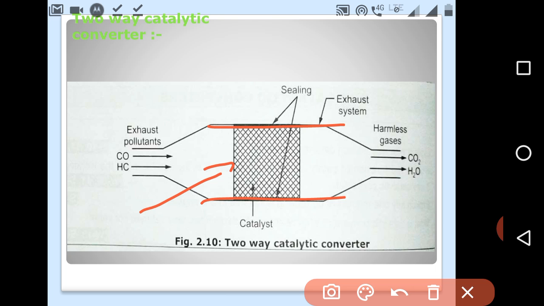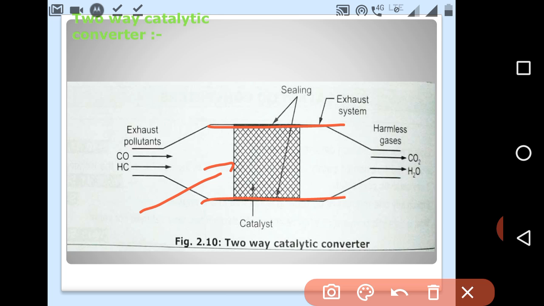As they come in contact, the catalysts react with the carbon monoxide, converting it into carbon dioxide and water. At the same time the hydrocarbon also gets reduced to carbon dioxide and water.